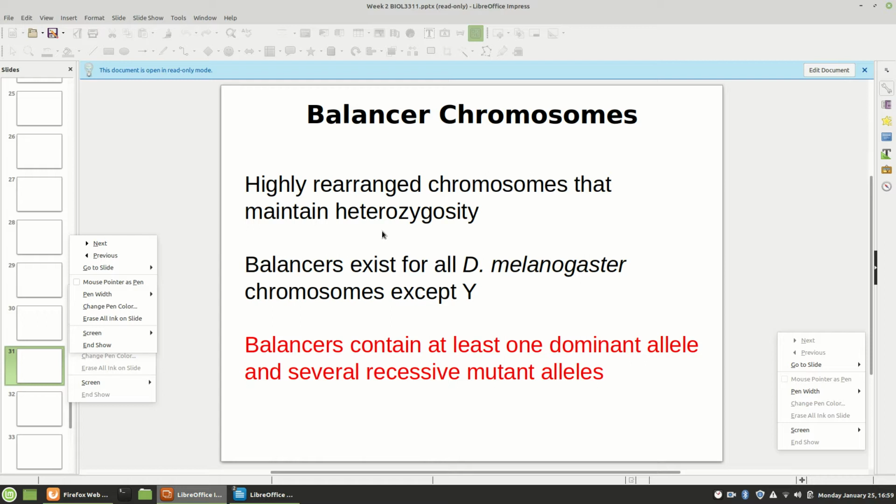There are known balancers, and we keep stocks of flies, groups of flies that have these genes that have moved. By crossing them, it'll tell us how certain things work. We call these balancers, and there's even a double balancer.